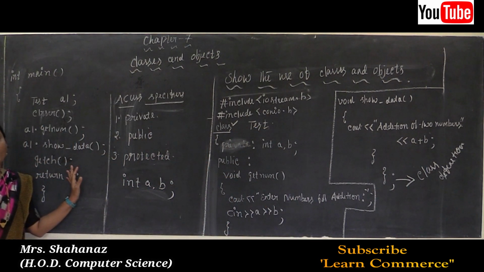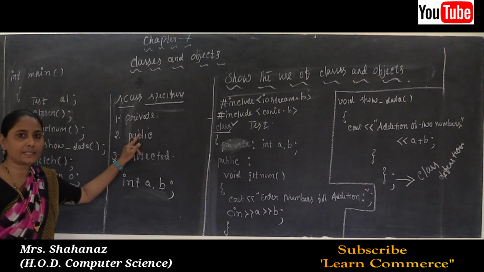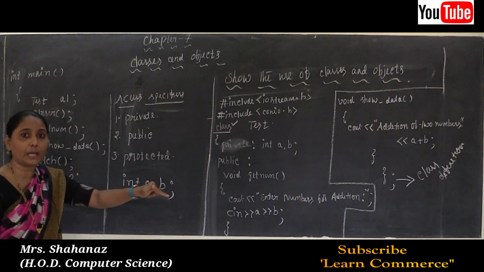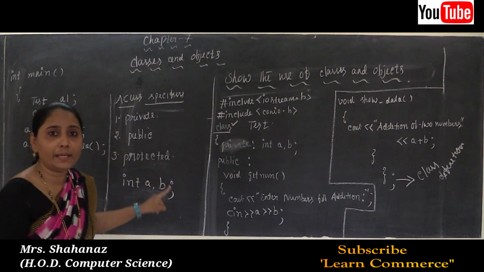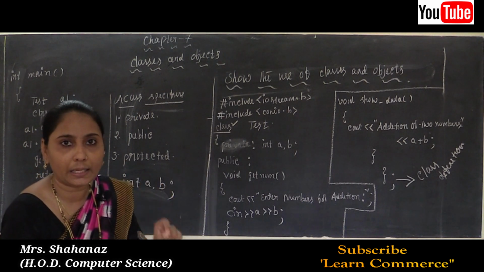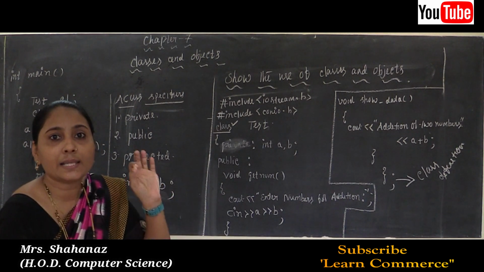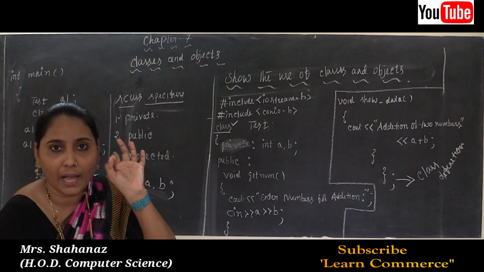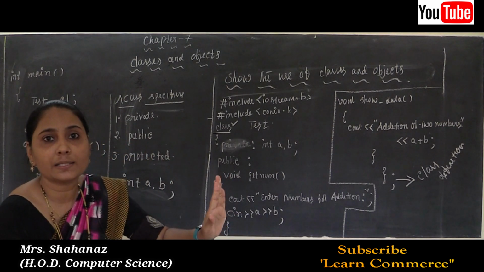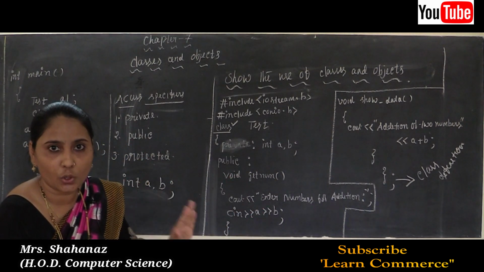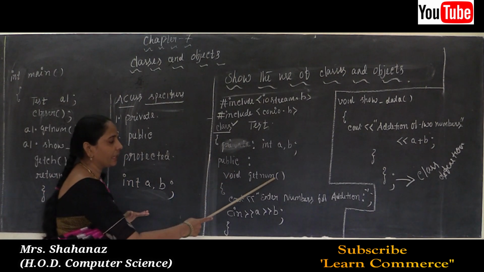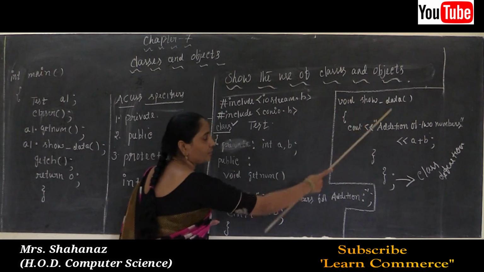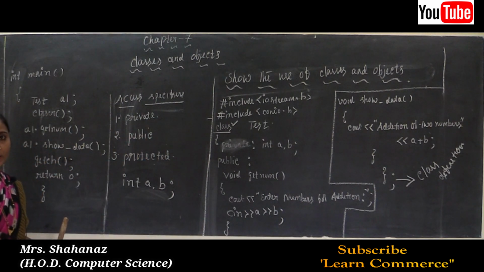The difference is that private data is accessed only by functions present inside the class, but members declared under public can be accessed by any class outside the class also. Example: void get num and void show data. Clear this point?